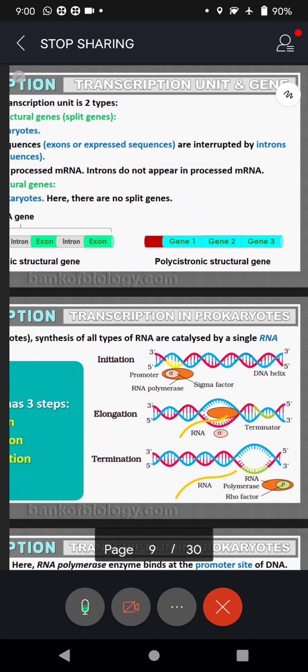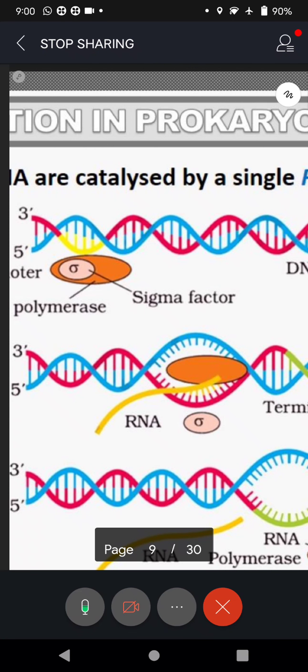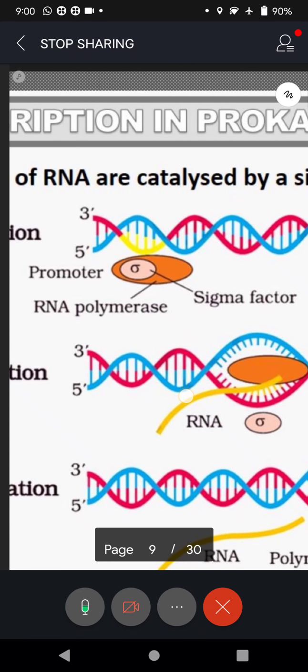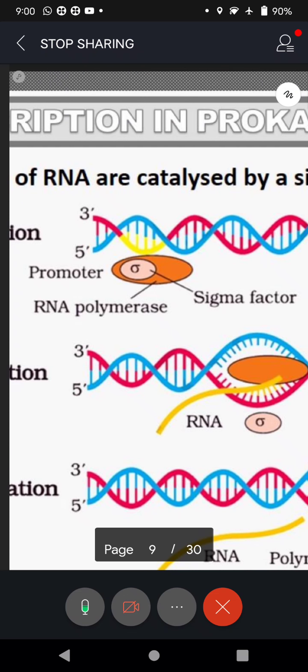There are 2 things that must compulsorily be present. One is the RNA polymerase, that is the enzyme. It is the first chemical substance that must be present for breaking the DNA molecule to form mRNA, or RNA we can say.